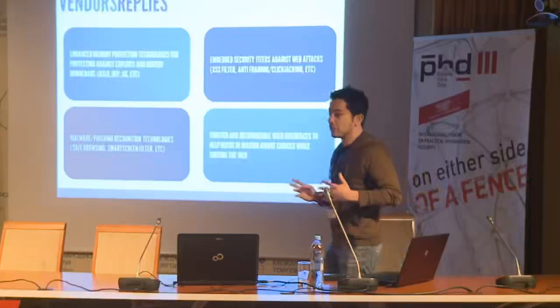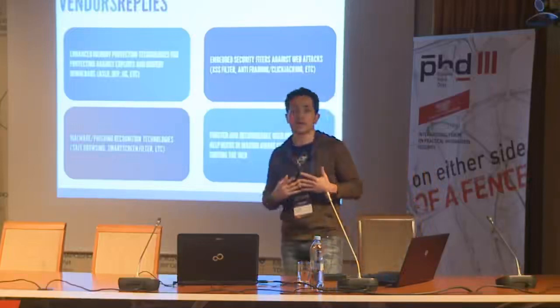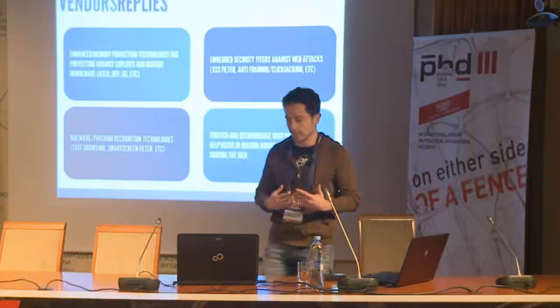And last but not least, a lot of effort has been put into building trusted and recognizable user interfaces in order to help users in making aware choices while surfing the internet.